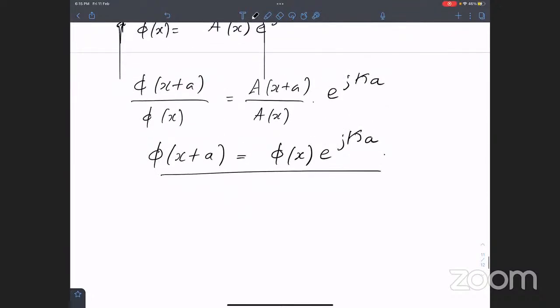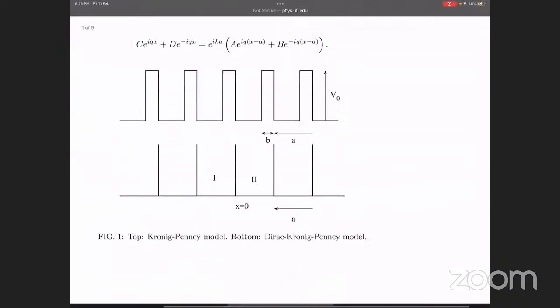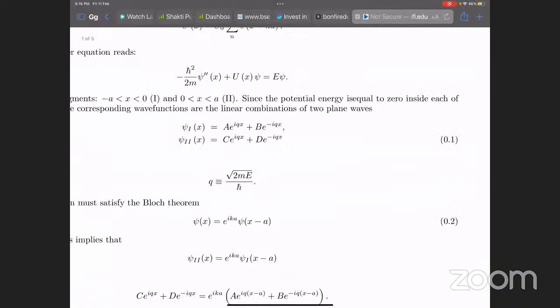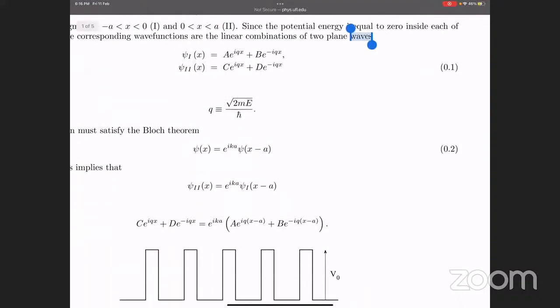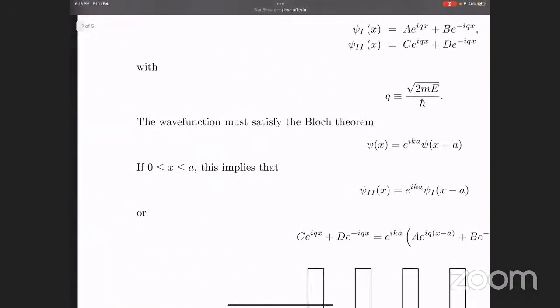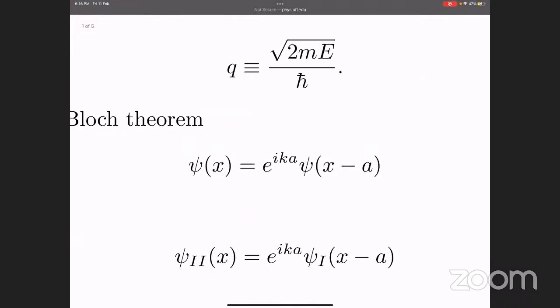There is another property of this wave function. I think actually we only need this particular property for now. Notice that we are using this property here. Bloch theorem.